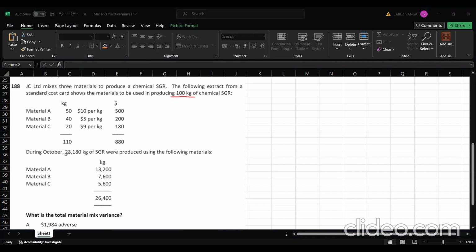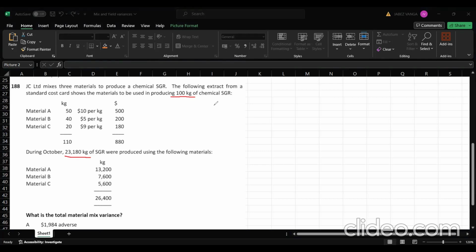Actuals happened at 23,180 kgs of SGR. Both of them are not on par that we can directly compare and calculate. What has to be done is the standard which is given at 100 kgs of output now has to be adjusted according to 23,180 kgs of SGR. That's the actual output that is produced.